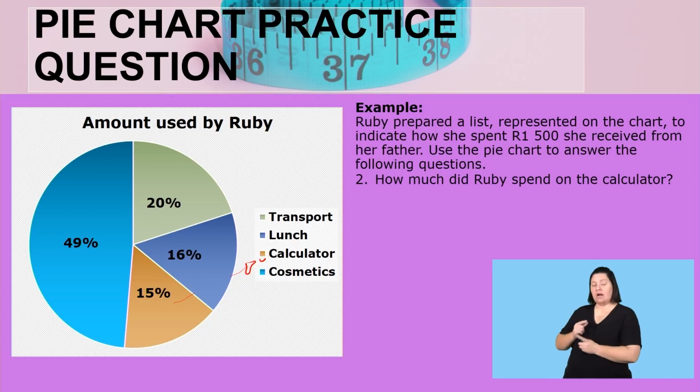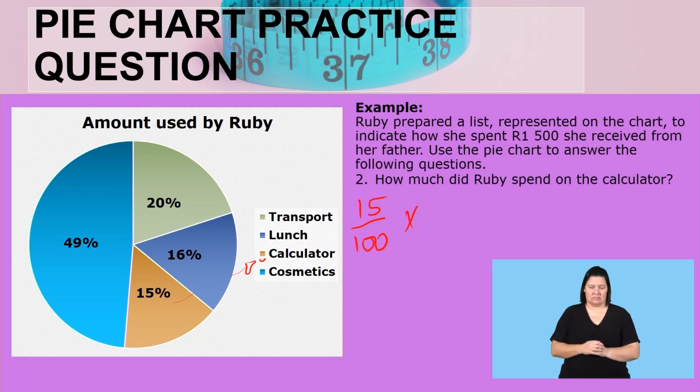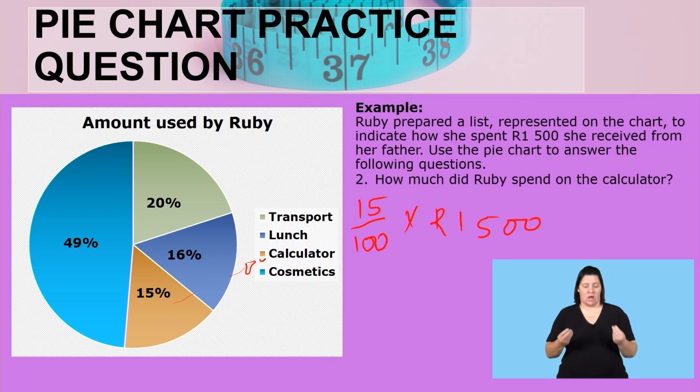total given. Now our percentage is 15%, and I want to advise you to express the percentage as a fraction so that we don't forget to press the percentage sign. Then it will be 15 out of 100. This is multiplied by 1,500 rand. Let us press the calculator together.